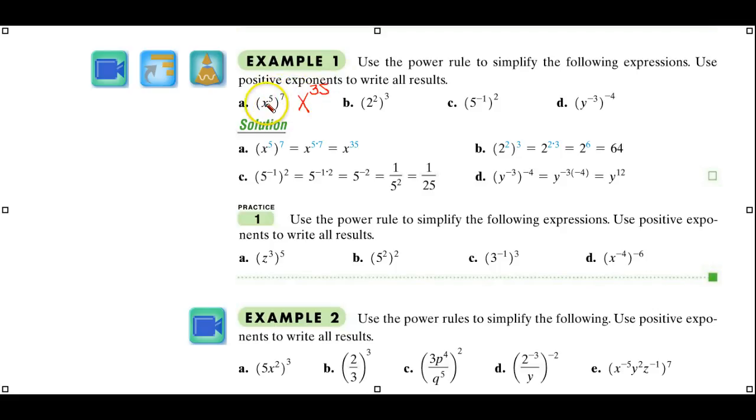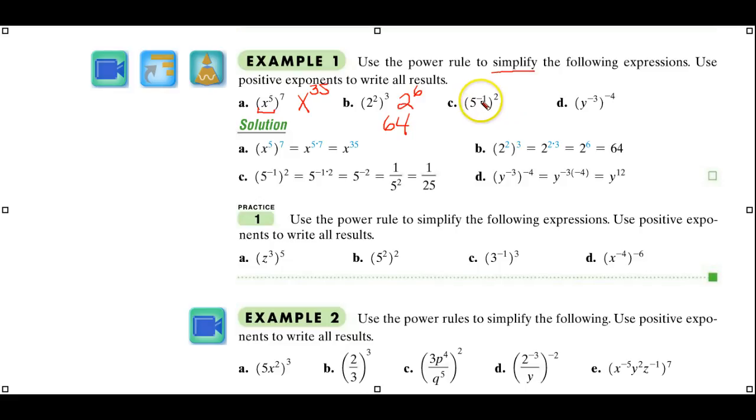Because what you have here is you're writing this base 5 times. So you're adding that 7, that 5 up 7 times. 5 times 7 is 35. And they do want us to simplify if we can. So this will be 2 to the 6th power, which is 64.